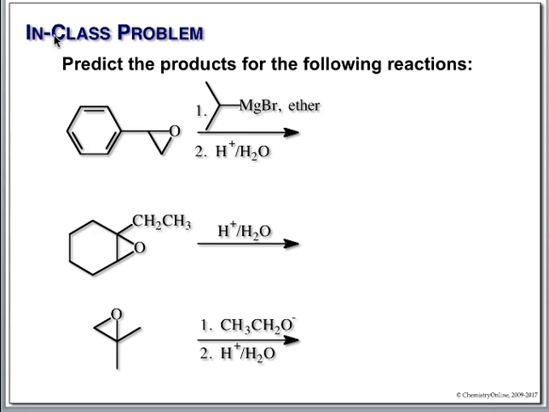Here we have isopropyl magnesium bromide. That means that this carbon right here is basically anionic. This carbon is going to be our nucleophile. It's going to attack our epoxide.